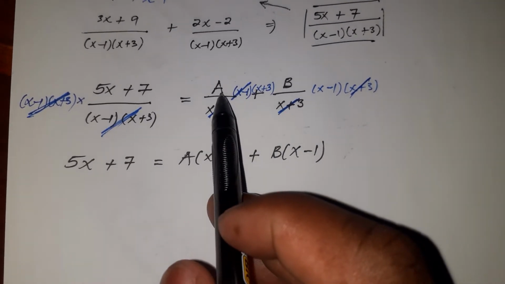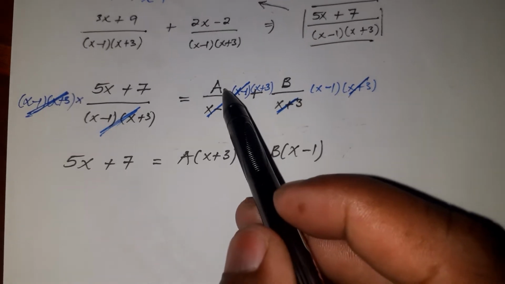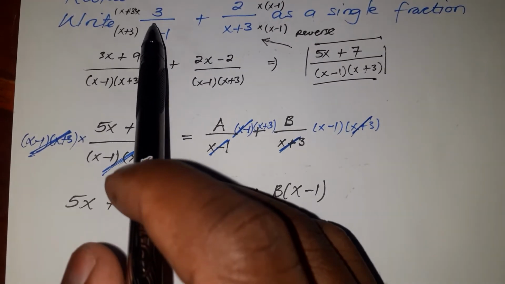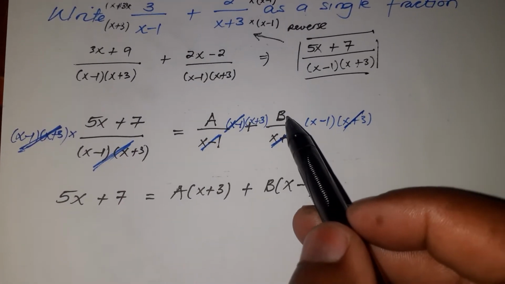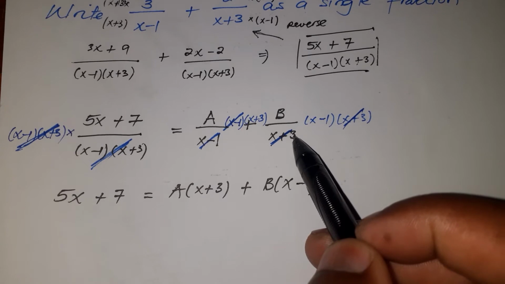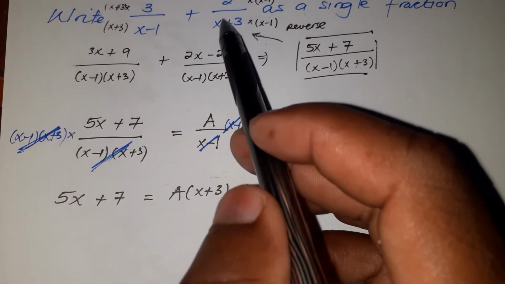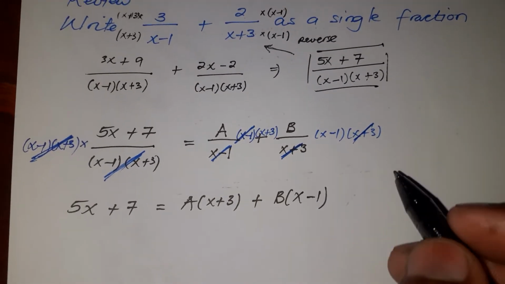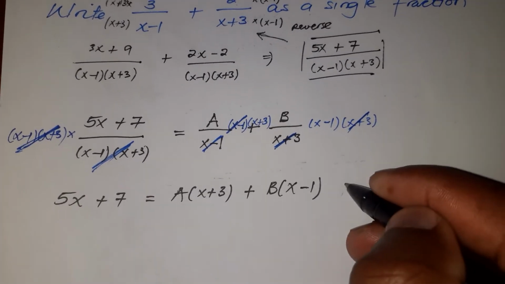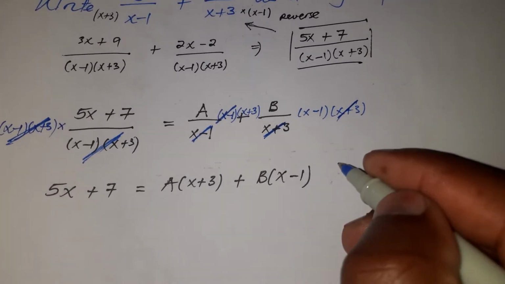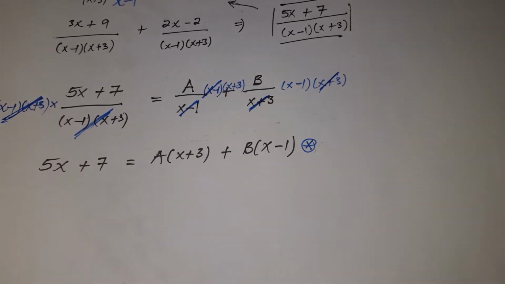Now looking at what we have here, a is over x minus 1, meaning our a should be the number above x minus 1, which is 3, while b is over x plus 3. Therefore, our b value should be the number which is above x plus 3, which is 2. Now, I'll use both methods. Let me mark this equation by a star because we'll come to that equation later.